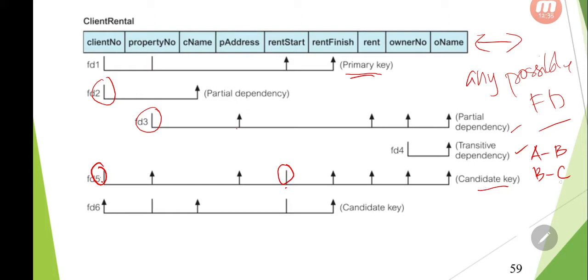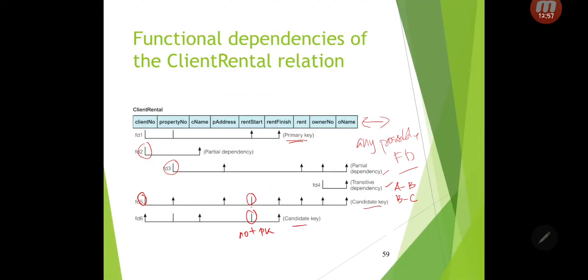That's why we call it candidate key. Same goes to here. Property number combined with rent start will determine rent finish, client name, and also the client number. Why is this the candidate key? Because rent start also is not primary key. So these are the possible functional dependencies from our relation.